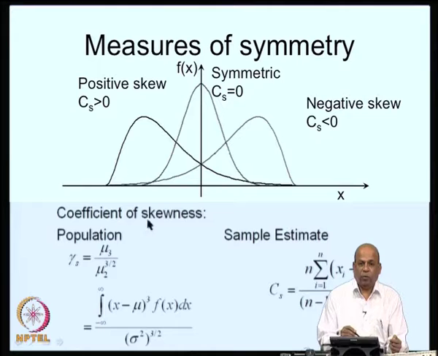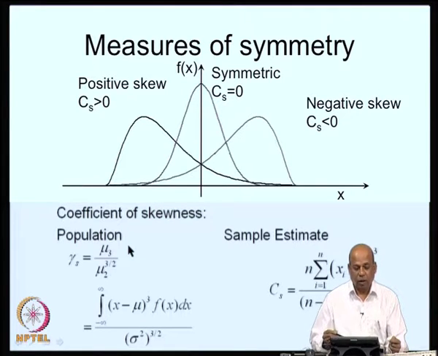So, the coefficient of skewness we define here with the third moment mu 3 divided by mu 2 to the power 3 by 2. Remember, mu 2 to the power 1 by 2 is the standard deviation, so mu 2 to the power 3 by 2 is the standard deviation cubed.